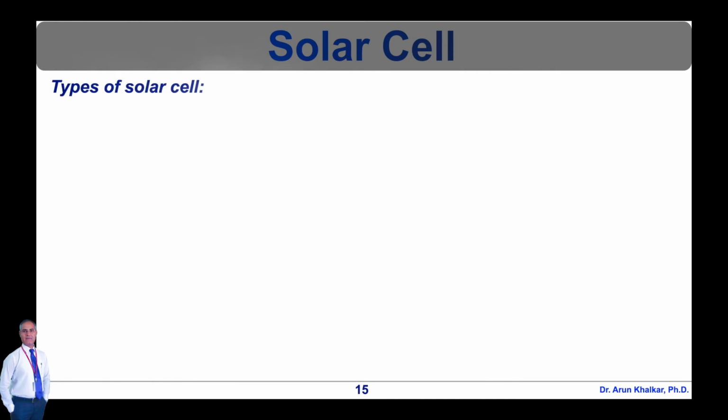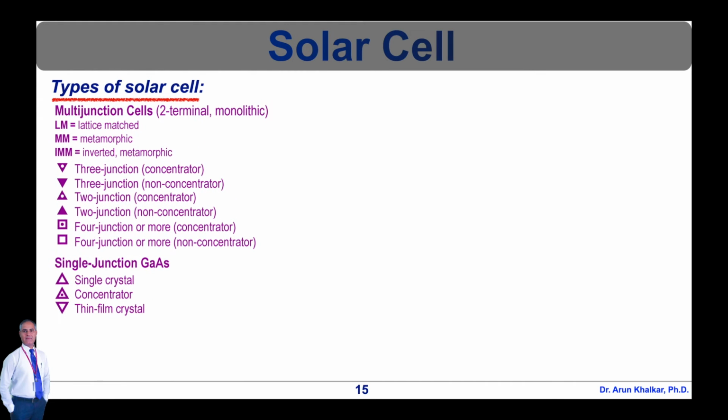Now let's see the types of solar cells. Depending upon the junctions and the material of the solar cells, there are several types of solar cells that are characterized in this way. First of all, let's see multi-junction cells. In multi-junction solar cells, there are two terminals, monolithic, or 3-junction, 2-junction or 4-junction.